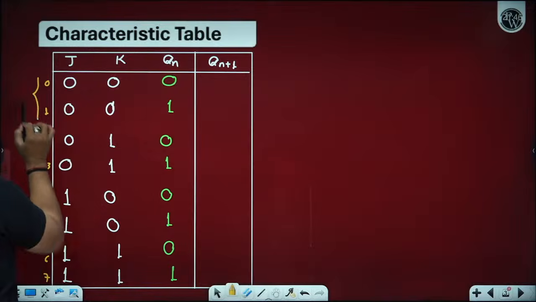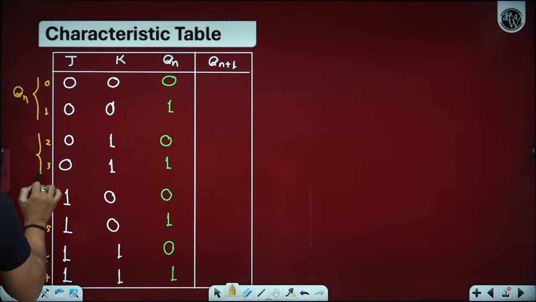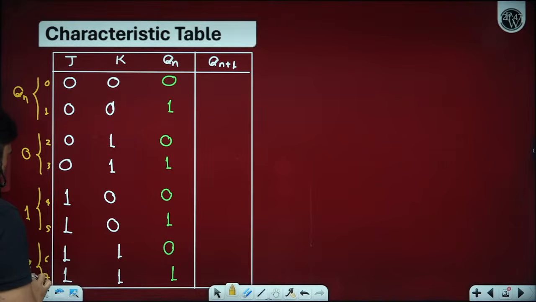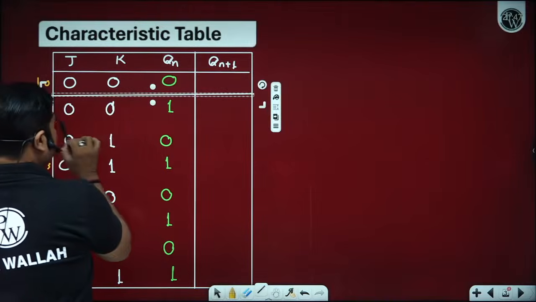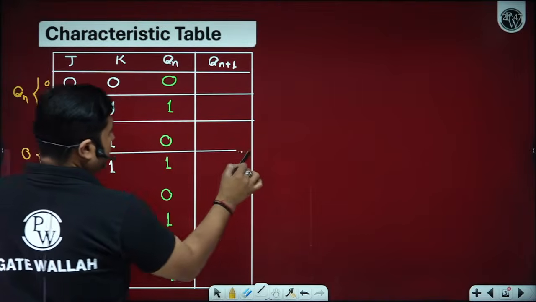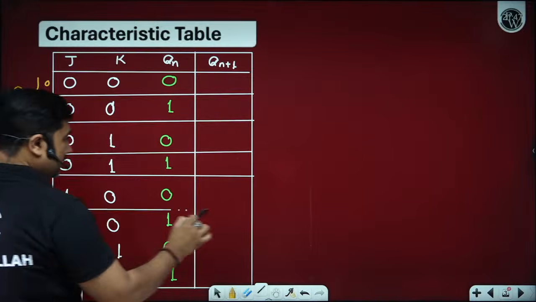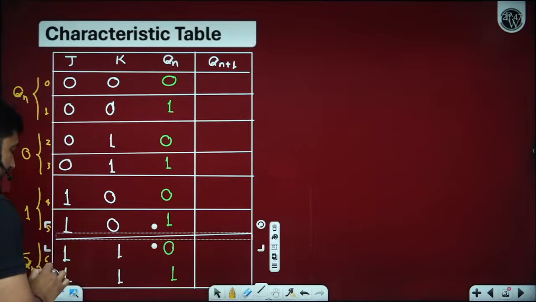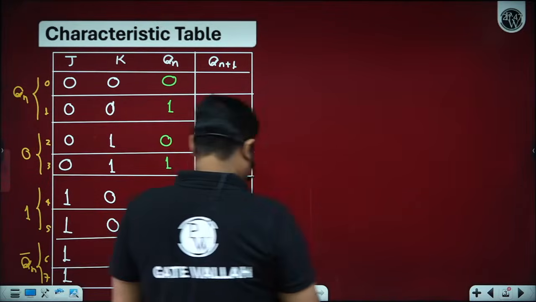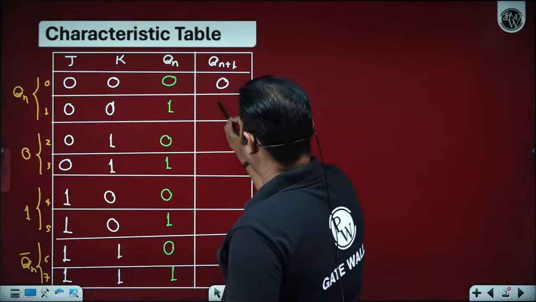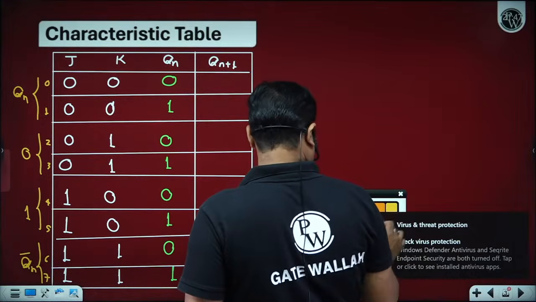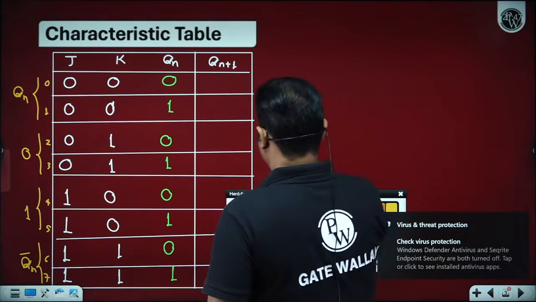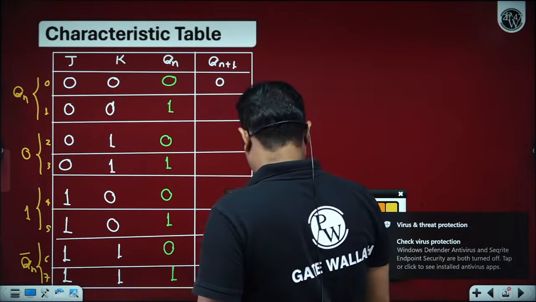For these two, we get Qn; for these two, we get 0 (reset), 1 and Qn complement, because this is required for the upcoming portion. I am mentioning from here only; the rest is already completed.